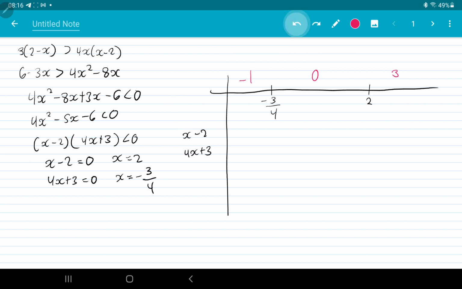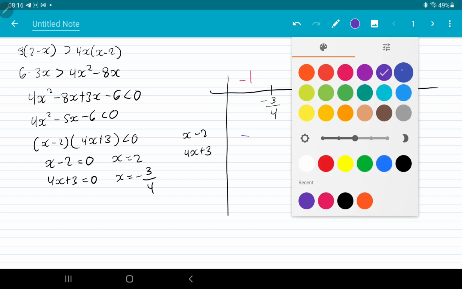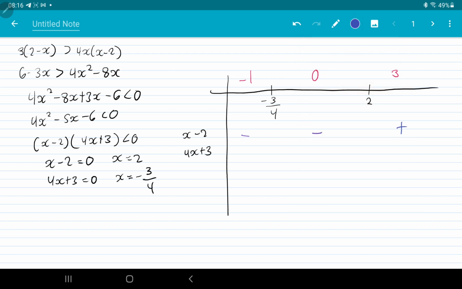You get the idea. So negative 1 minus 2 should be negative. All we have to do is determine whether it's a positive or a negative value, and then write this down in our box here. So negative 1 minus 2 is negative, then 0 minus 2 is negative 2, so it's a negative value. Then 3 minus 2 is a positive value, so it becomes positive.